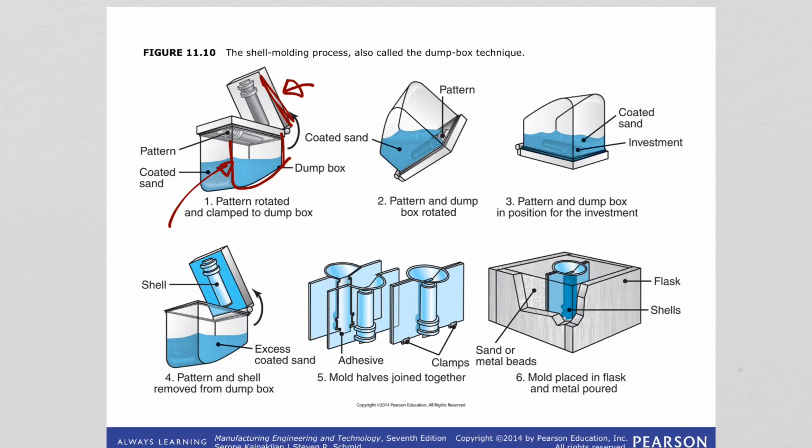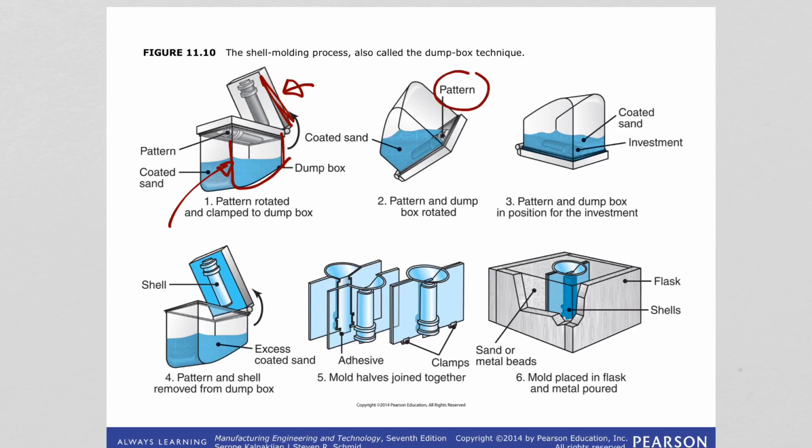That box contains fine sand mixed with thermosetting resin binder, which coats the sand particles. So what happens is the box is rotated upside down and the sand mixture is blown over the pattern.